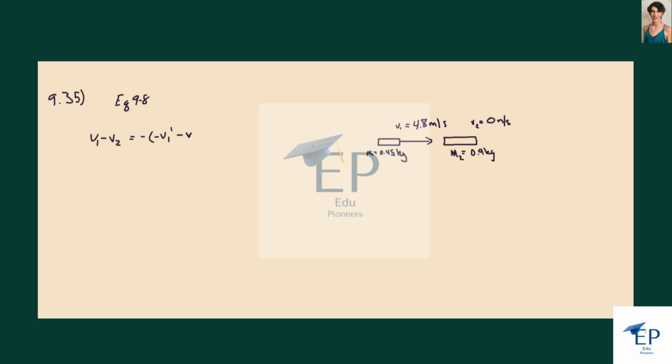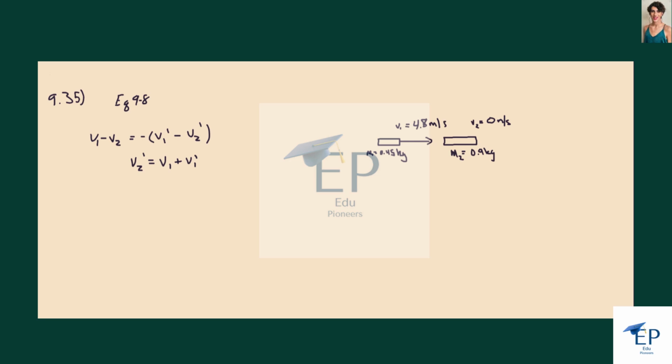I put an extra negative sign in there, my bad guys. This should just be V1 prime minus V2 prime. Okay. So since we know that V2 initially is 0, then this just tells us that we can write V2 prime as V1 plus V1 prime.